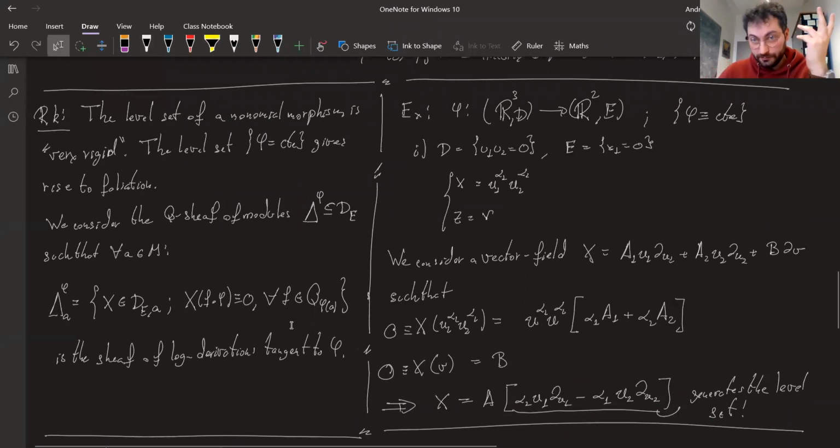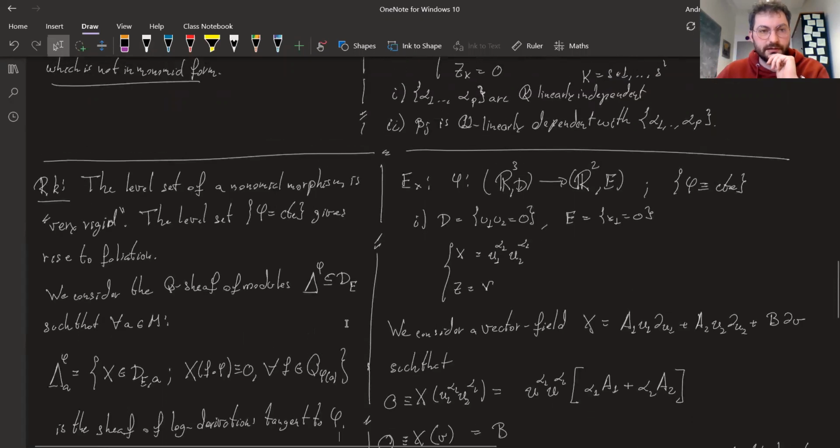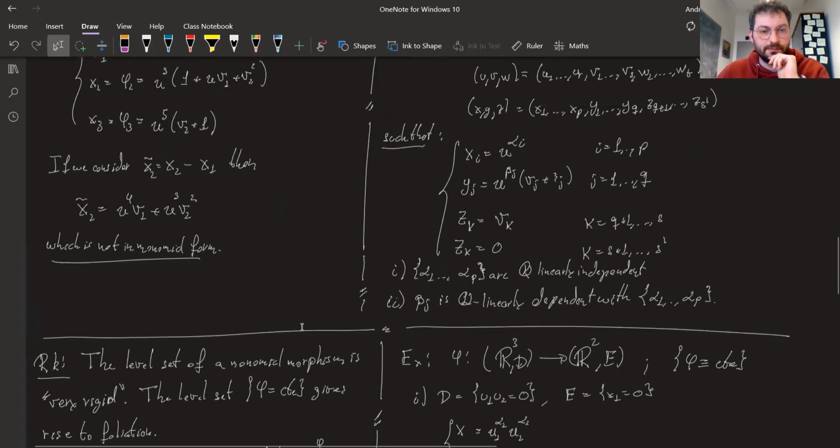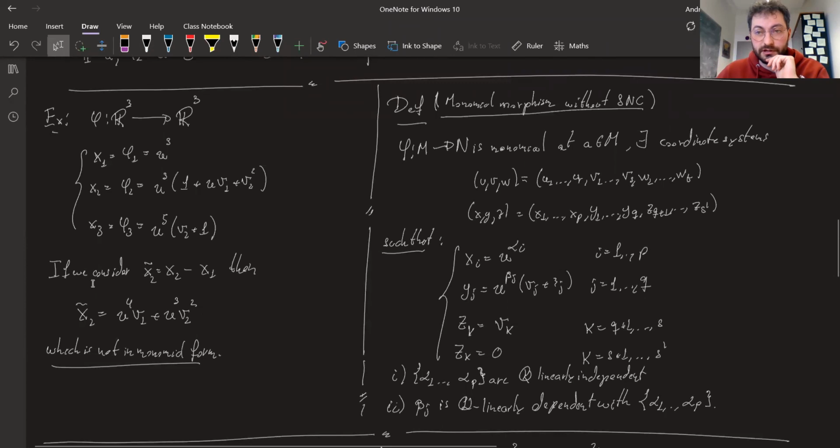So just to make the point that I anticipated a bit too early in this example: once we make this change of coordinates, we're going to remark that at least the first two entries here, the level set is not going to be linear. It's going to have a more delicate singularity here. So the vector field is not going to be linear. That's just the point. I anticipated this was the second point that I wanted to make.